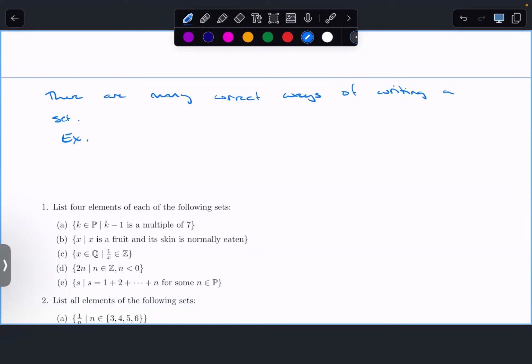For example, just as an example, if I say x is in the set of real numbers, I can do that. I tend to put my criteria after the "such that," but it's allowed to go before. Such that, and then my criteria is x squared minus 5x plus 6 equals 0.